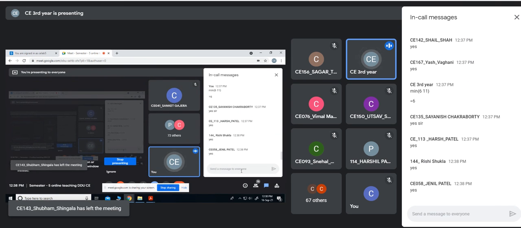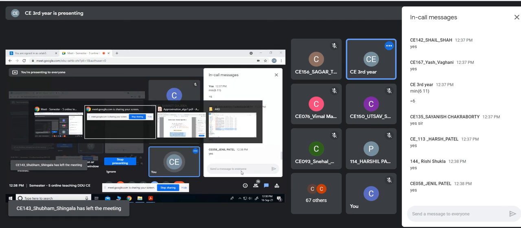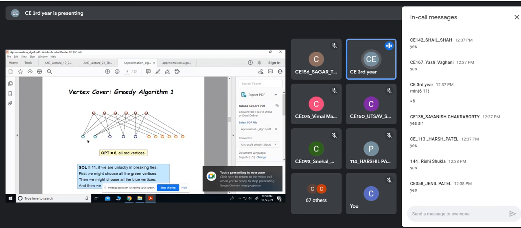To break the tie, you can select any one arbitrarily, but if you select this green one, you will be in trouble. Because if you select a green one, you will remove these 3 edges, right? And once you remove these 3 edges, the next vertex that would be selected is which one?